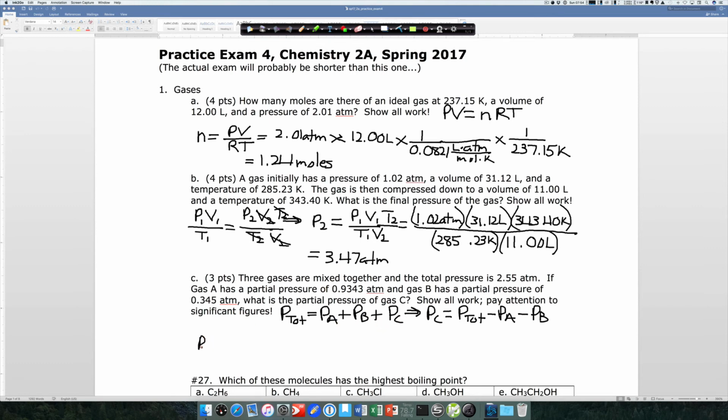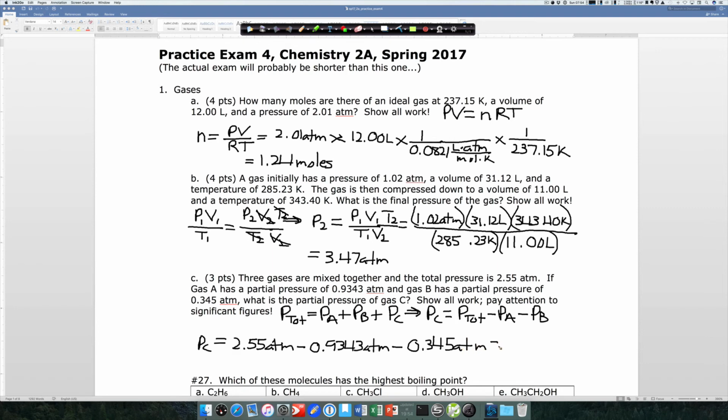All right, so I'm going to set this up now finally. So the total pressure, ATM, subtract P sub A, and then subtract partial pressure of B. Now watch out for your sig figs on this little calculation. The setup is pretty straightforward.